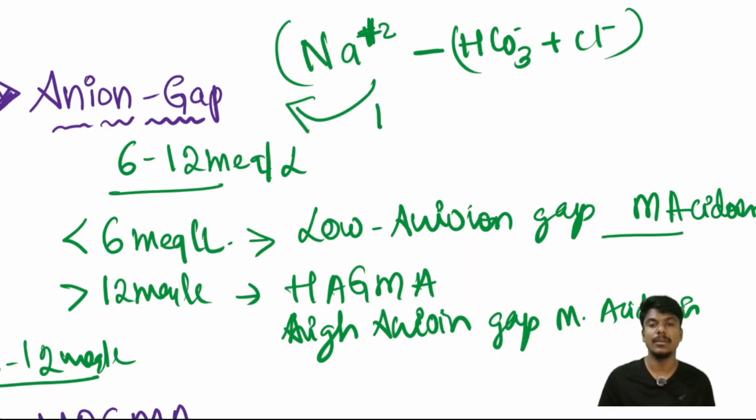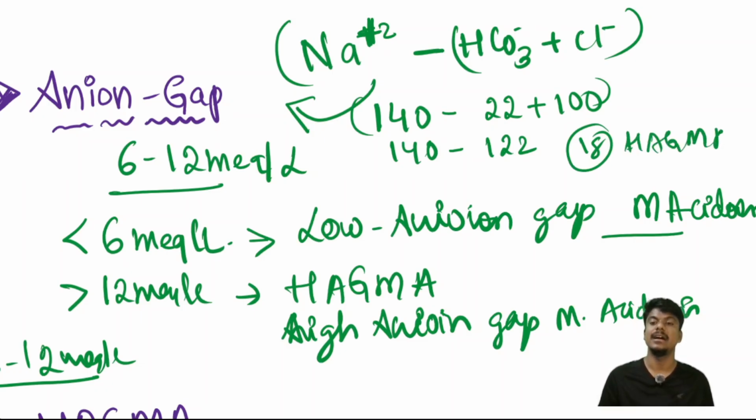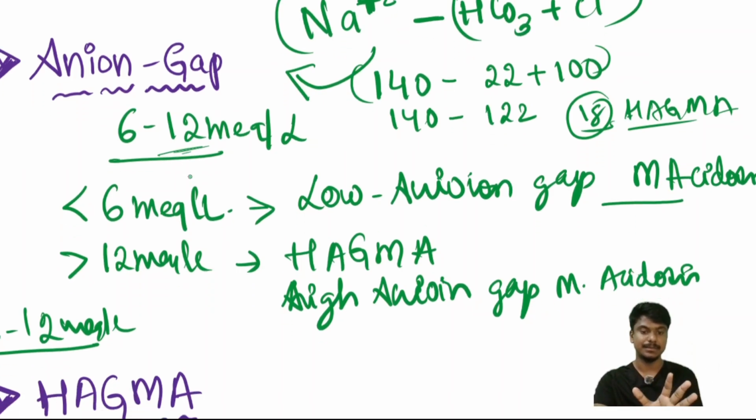This is HAGMA, high anion gap metabolic acidosis, because 18 is more than 12. That's how we can check the anion gap.